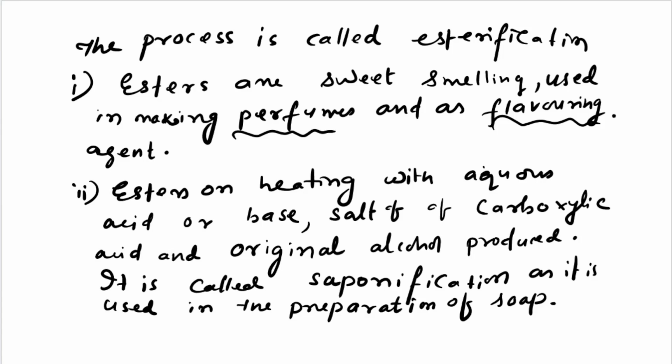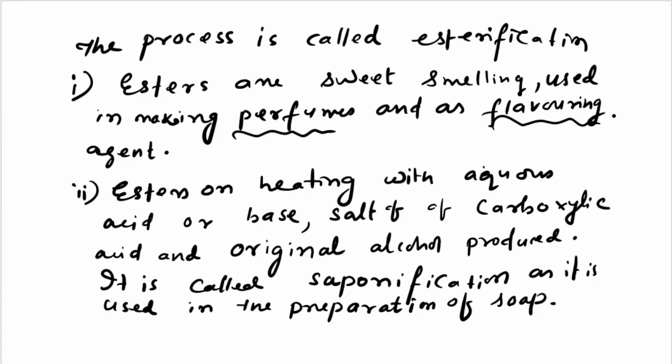And this process is called saponification. Saponification and esterification are reverse processes. It is called saponification because soap preparation is involved here. You can see how soap is prepared by saponification.